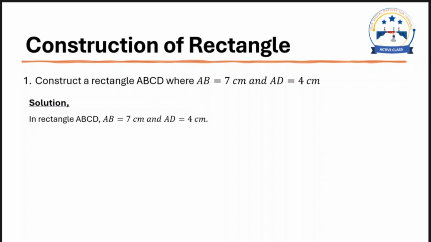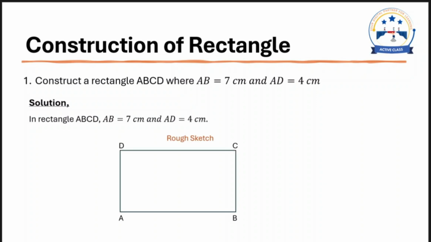After that, there is one thing that you have to be mindful of in construction. That is, before starting construction, I recommend you make a rough sketch which makes the process easier. For example, you can randomly make a rectangle and label it ABCD.